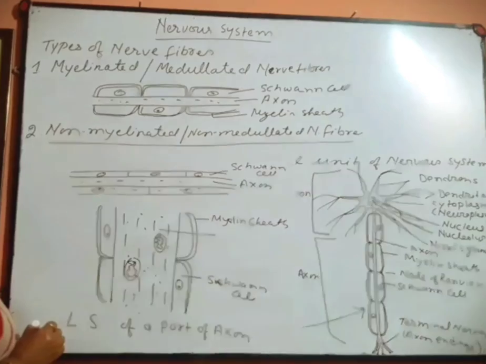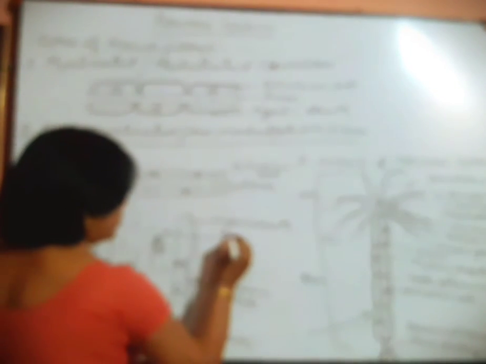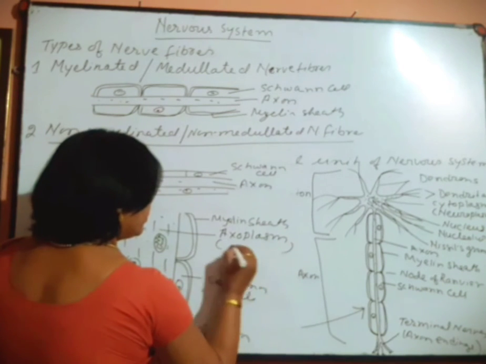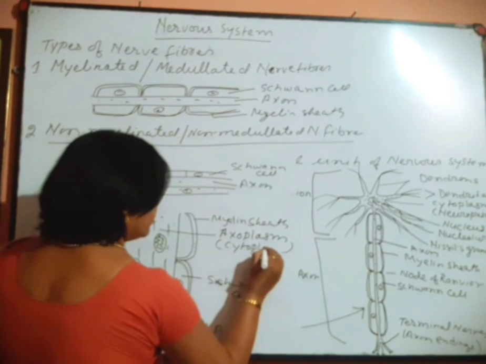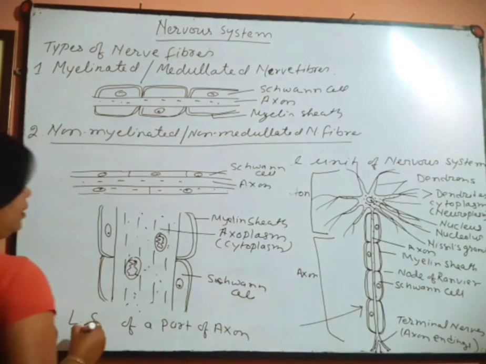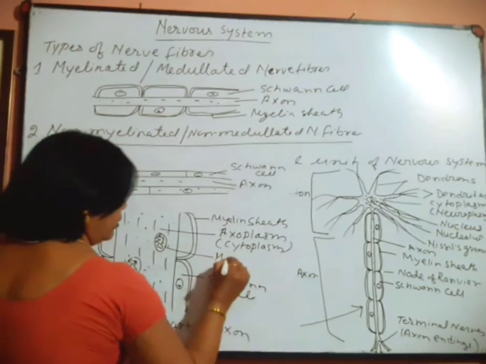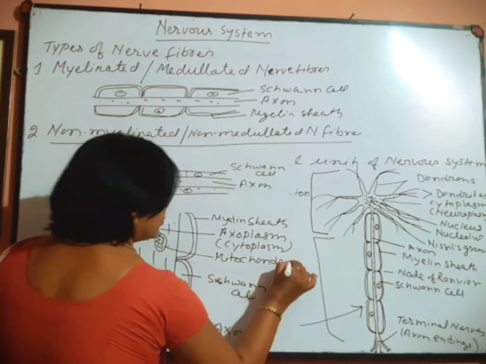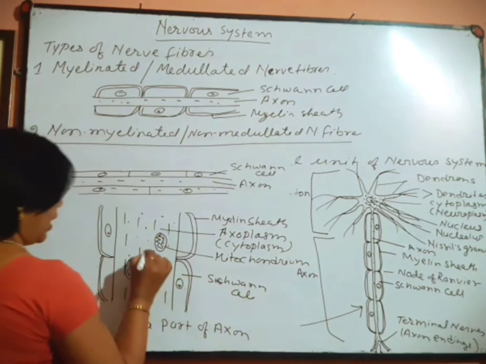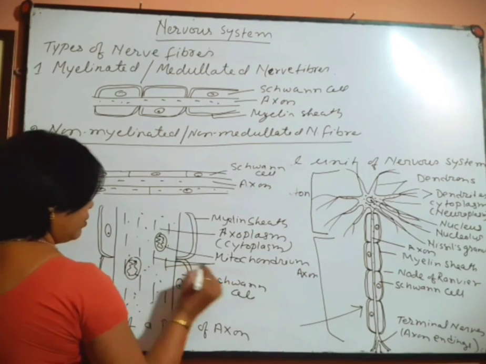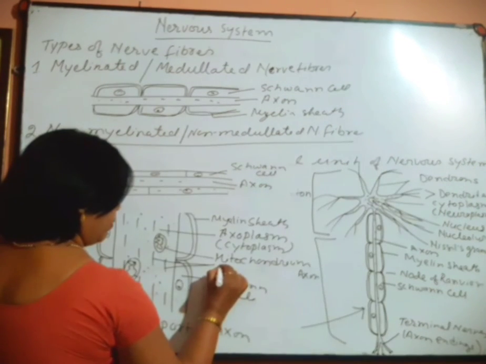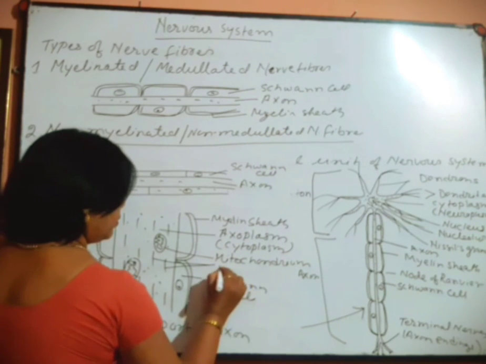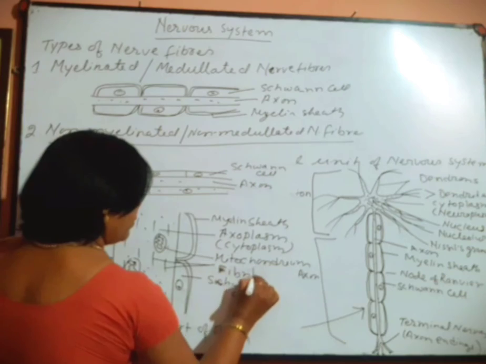The cytoplasm of the axon is known as axoplasm. This is mitochondria, and fibers, fibrils.